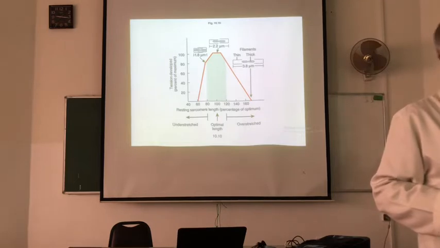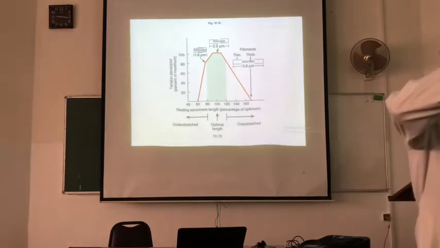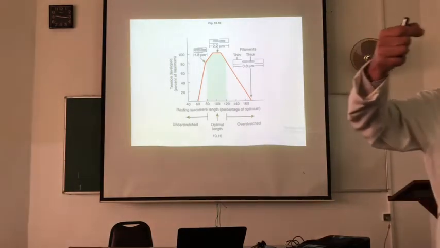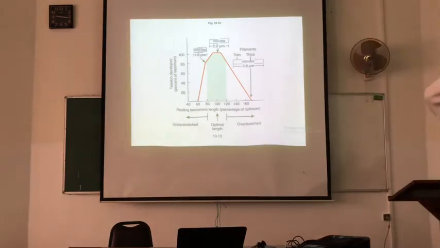You have stretched that myofibril until there is no overlap between thick and thin filaments. And now you have stimulated the preparation. Are you getting any interaction between thick and thin filaments? No interaction. Are you recording any tension in this case?